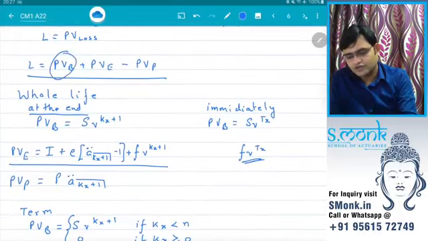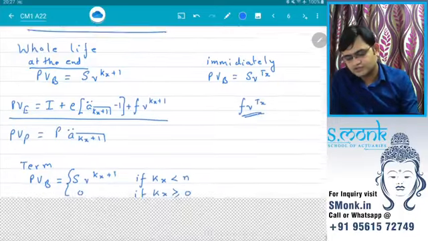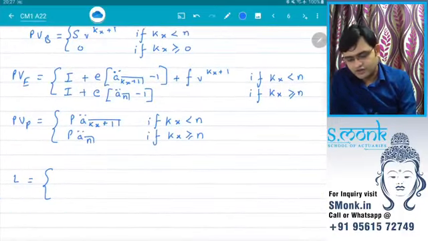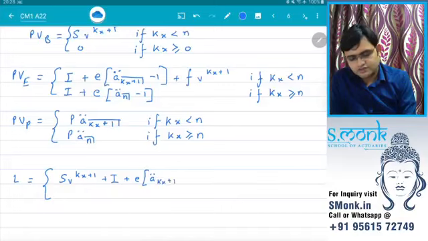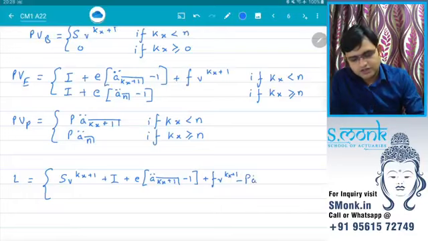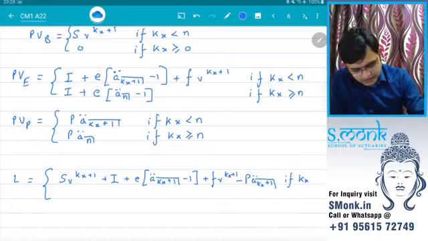So I will have the loss function as benefit plus expenses minus premium. So let's make that: benefit s v raised to kx plus 1, plus I plus e a due kx plus 1 minus 1 plus f v raised to kx plus 1, minus P a due kx plus 1, if kx is less than n.